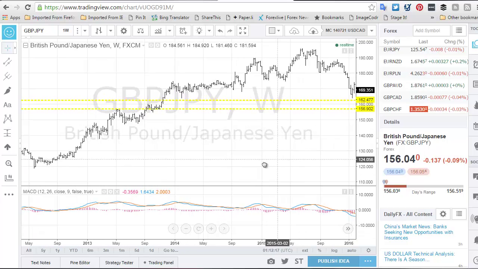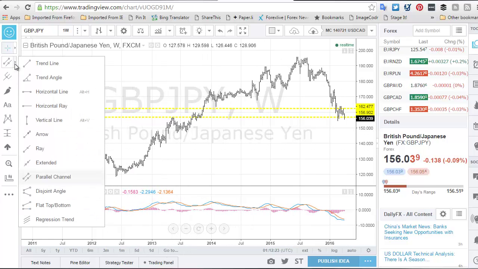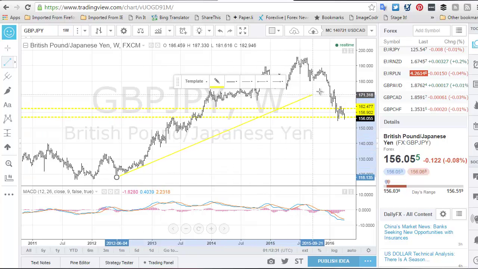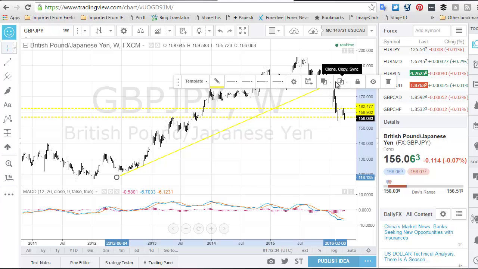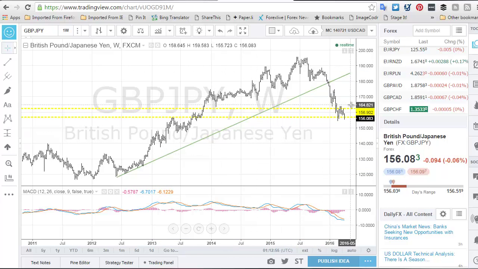We can see quite clearly, as we squeeze in, that the important situation on this chart is, if I draw a line from here, and we could draw it from any one of these points, it goes from the bottom, it's got several touches here, and it is the uptrend line which has been broken.